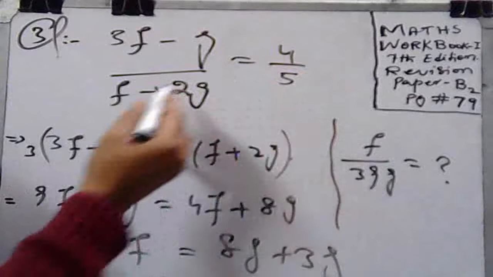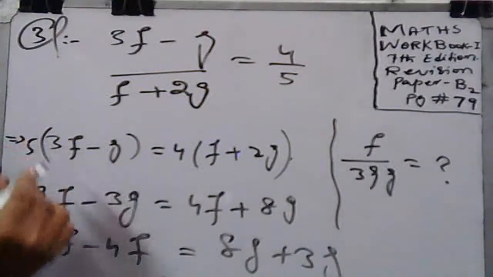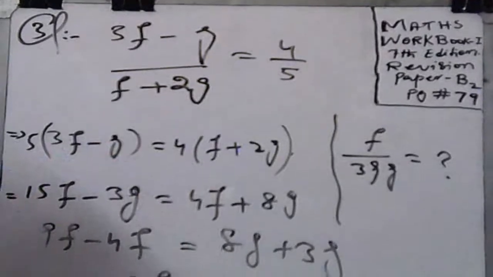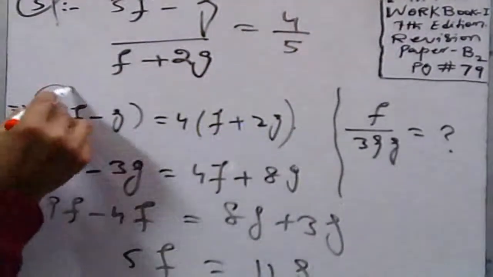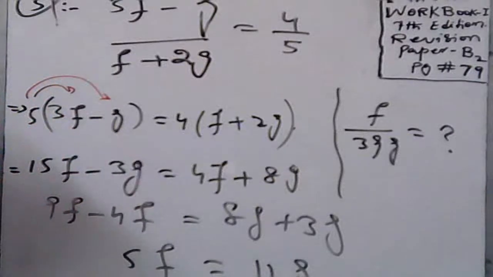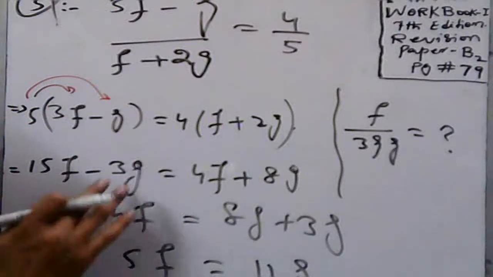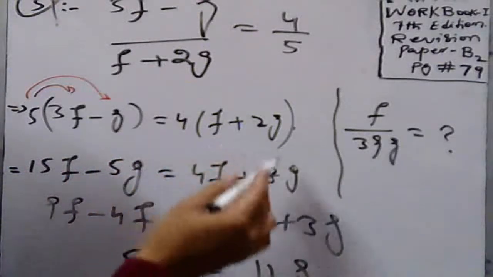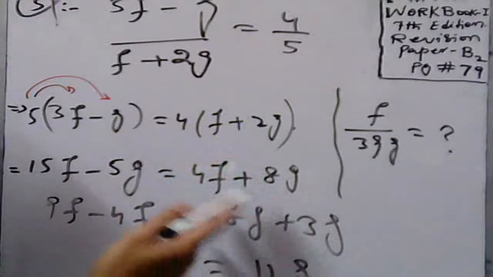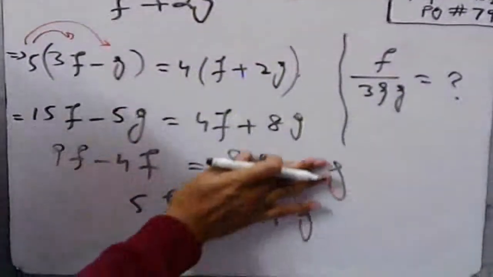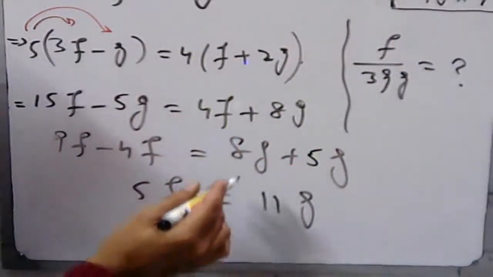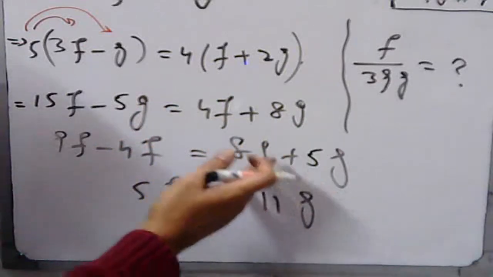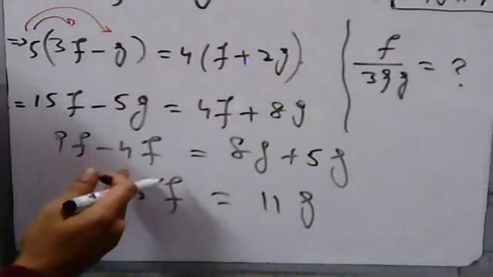So by using cross multiplication, here is your 5 threes are 15f, and you can see around 5g. So that's the reason, that is your 5g and 4, and now it's okay. Now shifting, 5g will be shifted here, and 8g, g will be at one side and f at the other side.